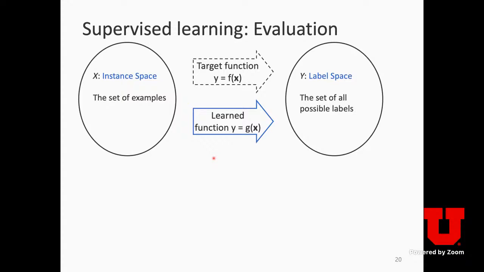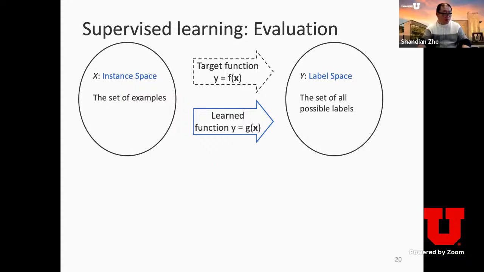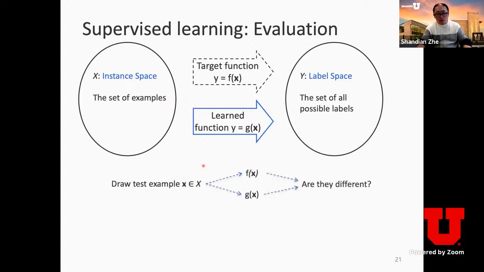Yes, right. That's how we evaluate in practice. Basically, we draw test examples from our instance space and compare the ground truth label with our prediction. If for many test examples our predictions are consistent with the ground truth labels, that indicates our learning is successful. Otherwise, we still need to improve our learning, right?